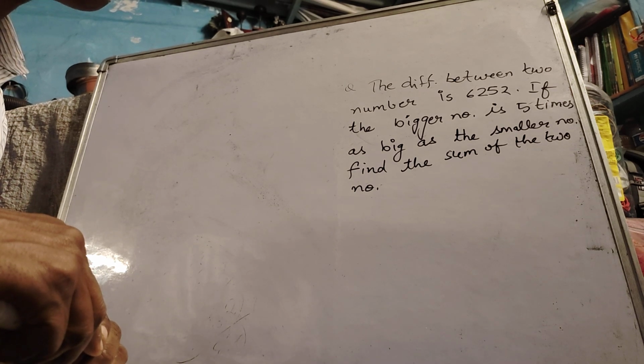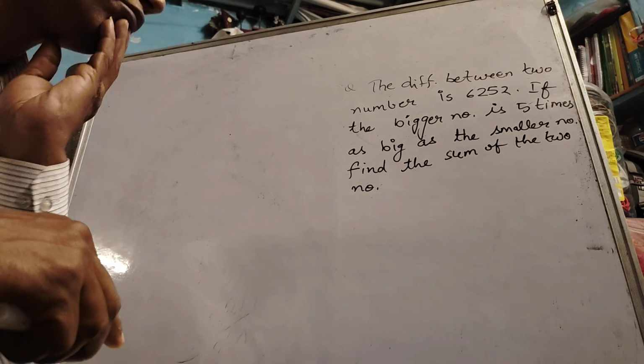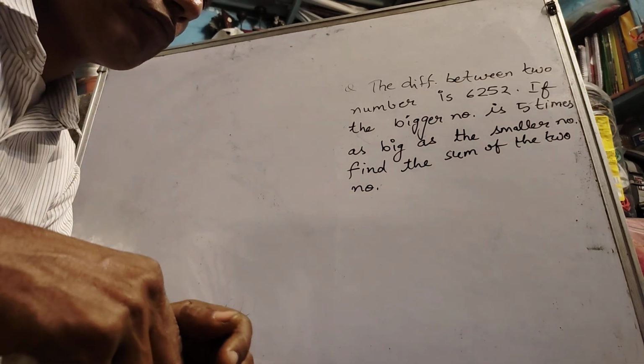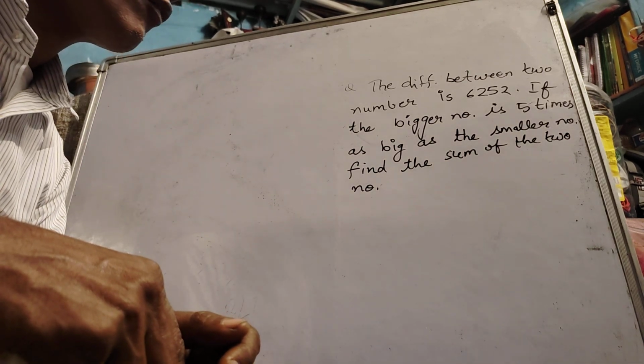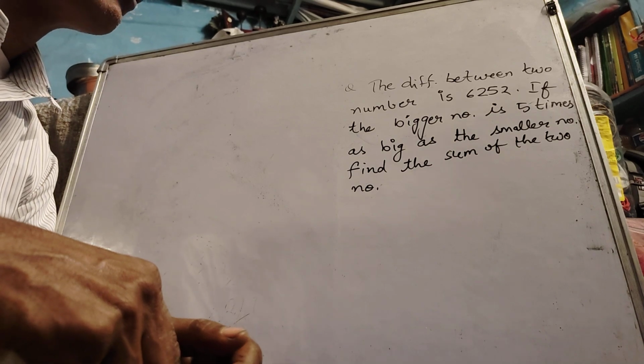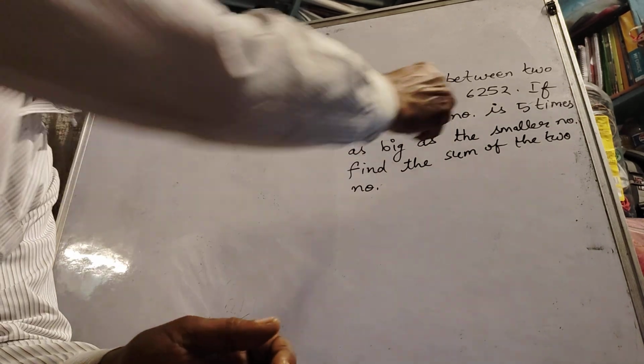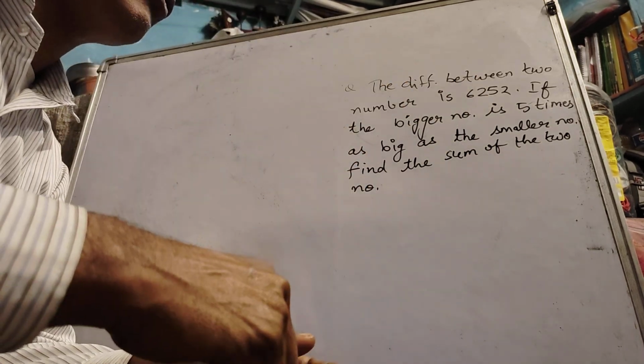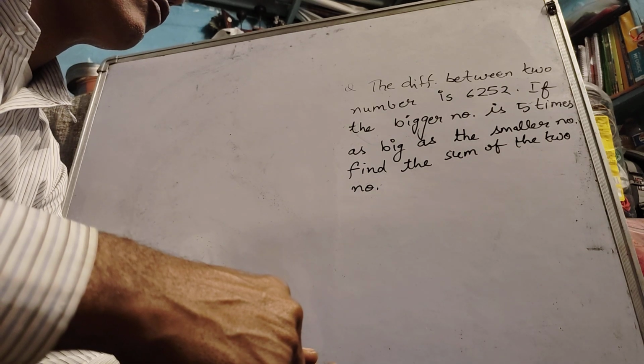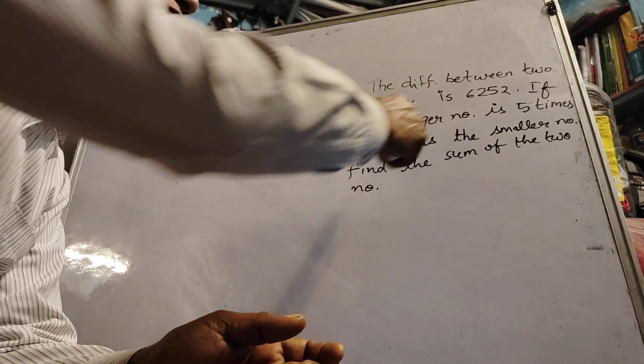Could you try? Wait, what is the smallest number? First we find the two numbers. The difference between the two numbers is 6252, and the bigger number is 5 times the smaller number.